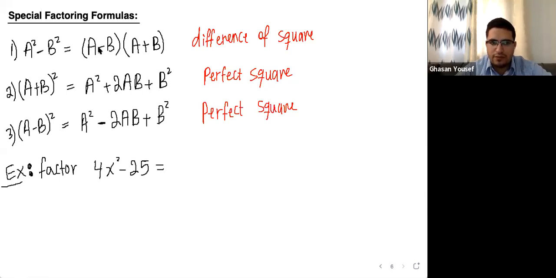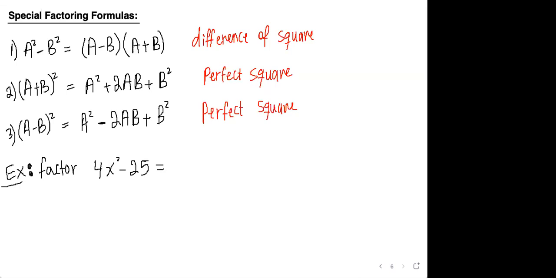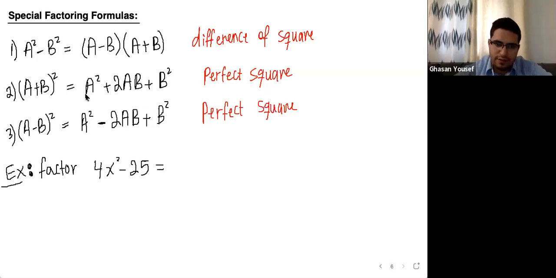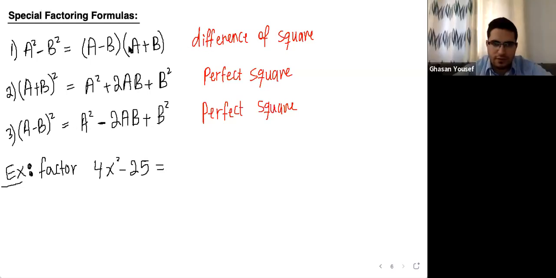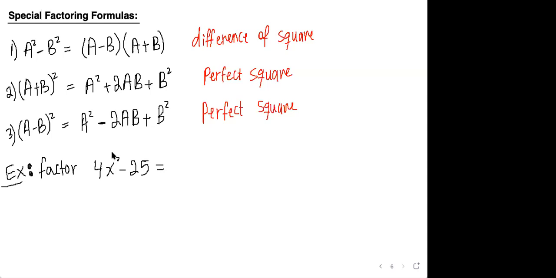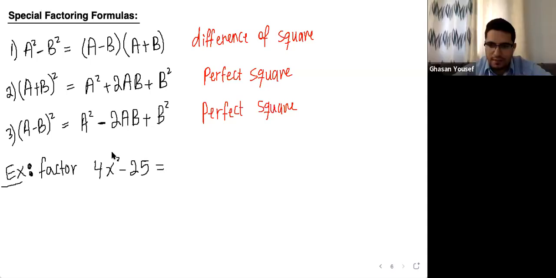Which one do I have to use? The perfect square? What about if I use the difference of square? You could. The best thing here, like Seth said, is the difference of square.